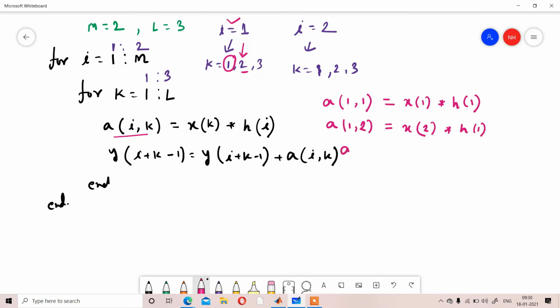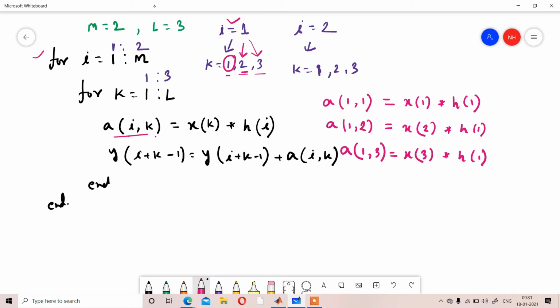Similarly, the next value for I equal to 1, k equal to 3, what will be? A 1 3. That value will be obviously xk, so x3 into h1. So in the first for loop, for I equal to 1, you are getting k 1, 2, 3, and with respect to that, you are getting 3 values of a in that way.